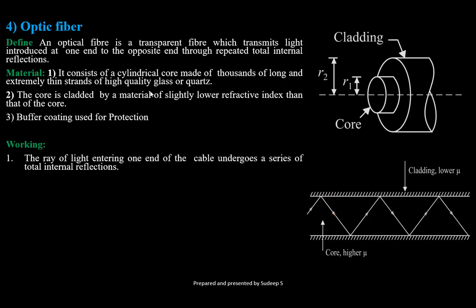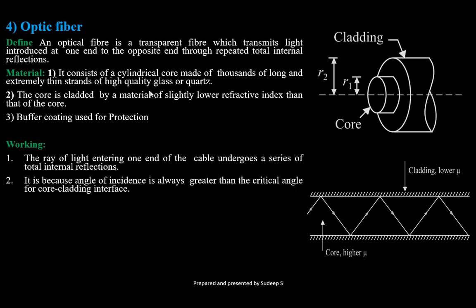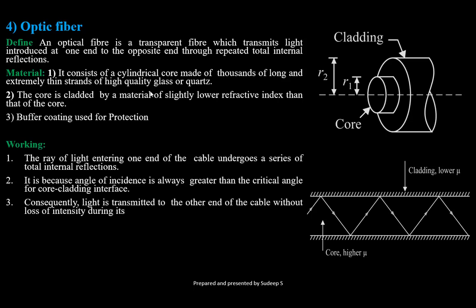It is because, we know the two necessary conditions: the ray of light should go from a denser medium to a rarer medium. So this is my denser medium, and the angle of incidence should be greater than the critical angle. So it is because the angle of incidence is always greater than the critical angle for the core-cladding interface. Similarly, the light is transmitted to the other end of the cable without loss of intensity during its journey.